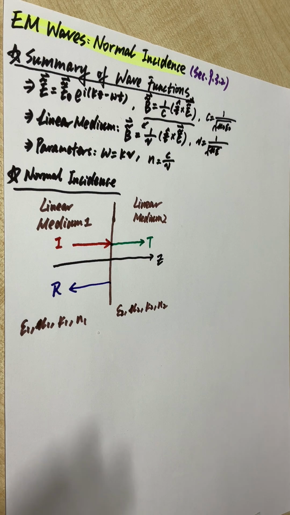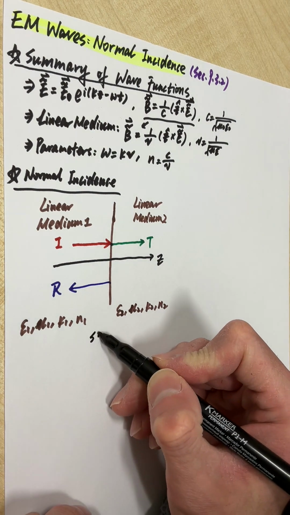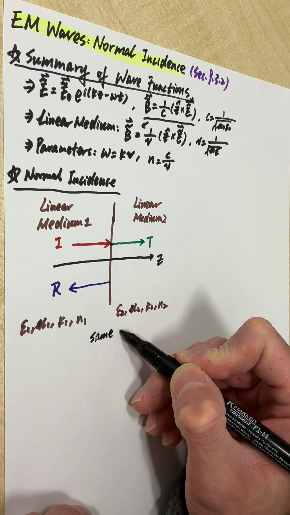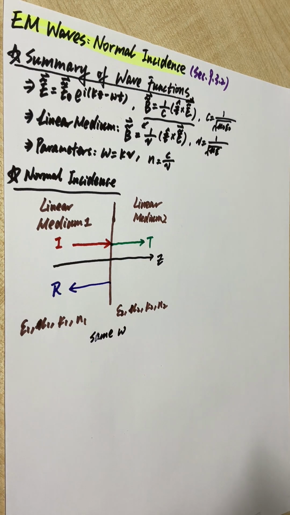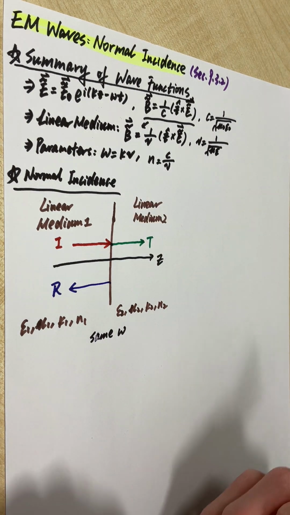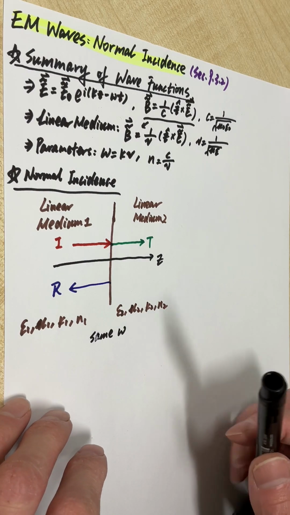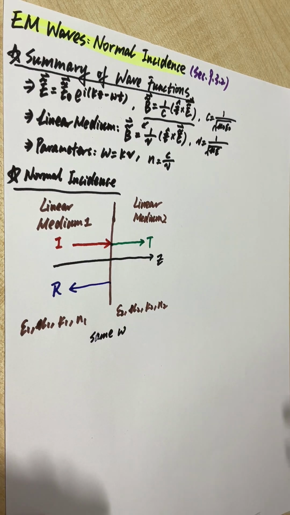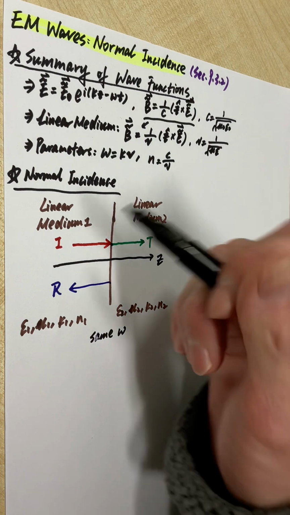But the same thing is omega, so they have the same oscillation. The oscillation doesn't change across the boundary, so the angular frequency doesn't change across the boundary. That would give us some useful relationships. Another thing is that the incident wave is what we generated. We put it there, so we should know its magnitude.